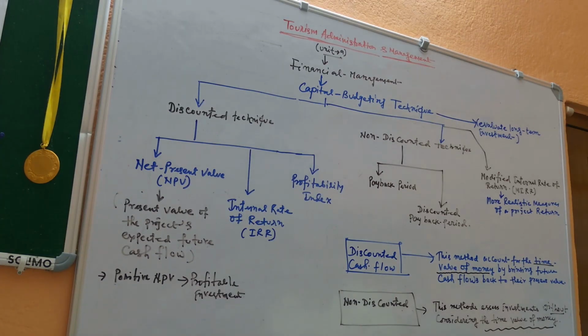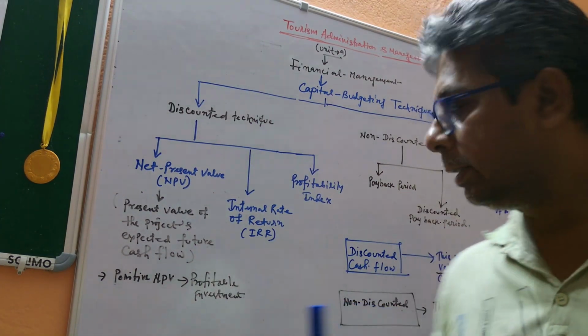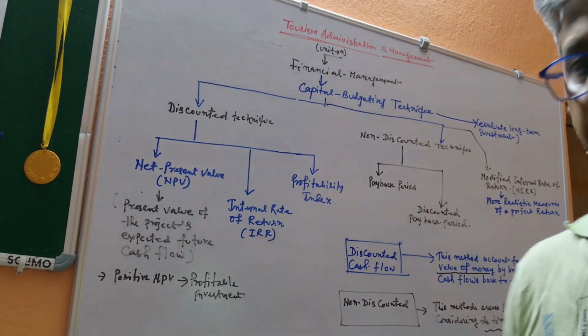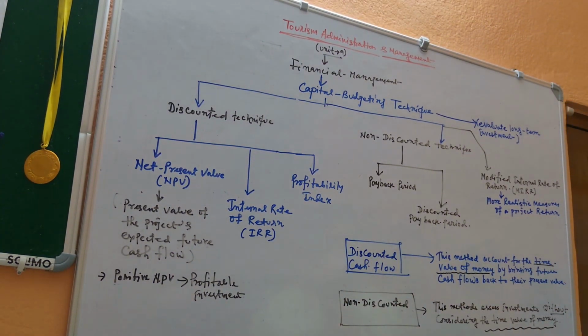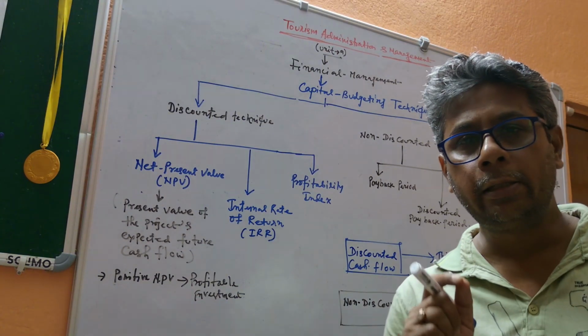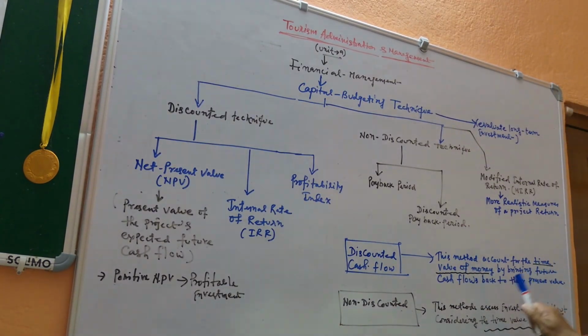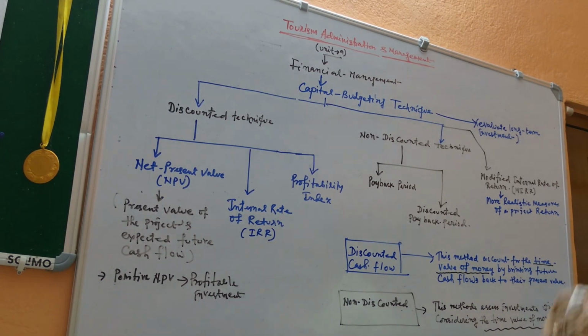realistic measure. First of all, we have to understand what the discounted cash flow technique is. This method accounts for the time value of money. The discounted cash flow technique is based on the time value method, bringing future cash flow back to its present value.